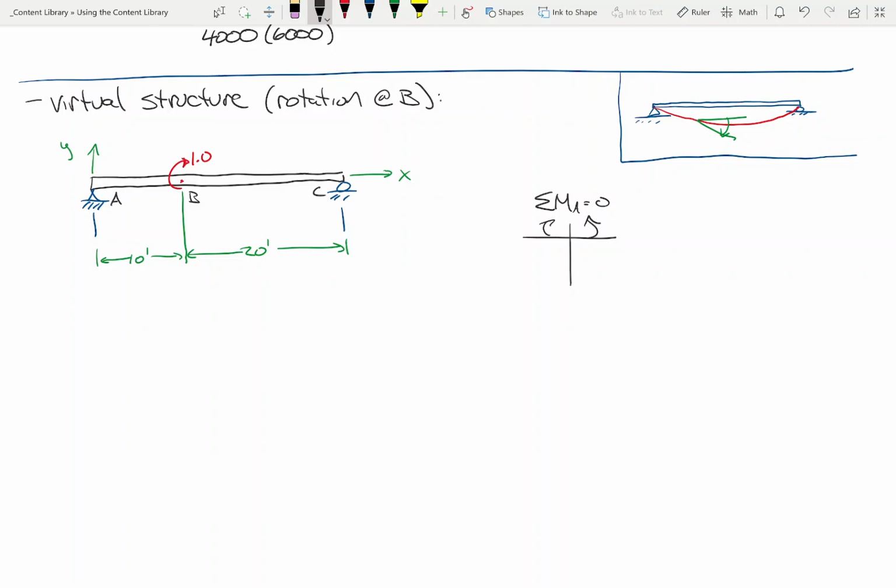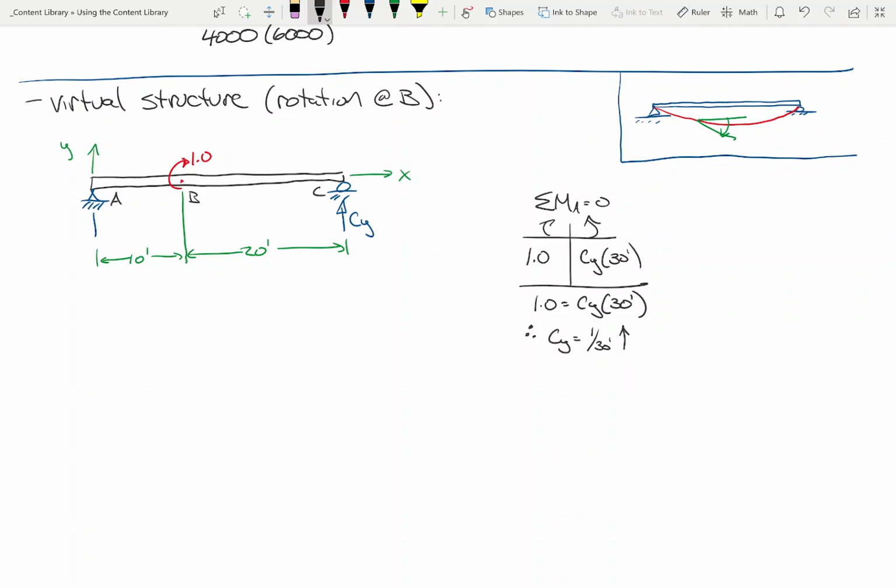So we'll say that CY goes like that. 1 equals CY times 30, or CY is 1 over 30.